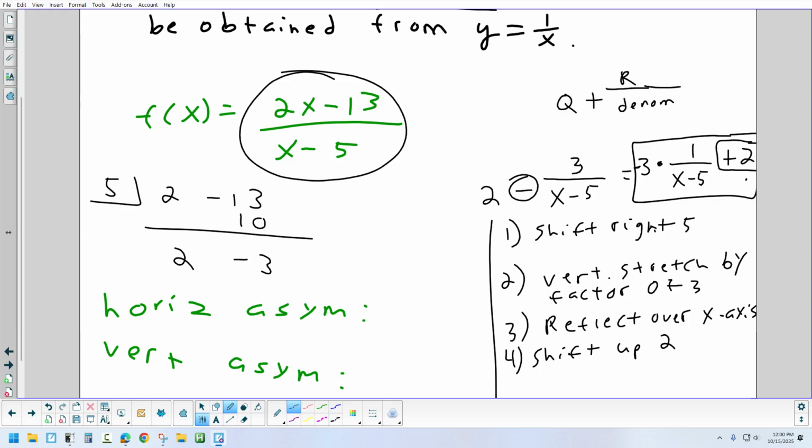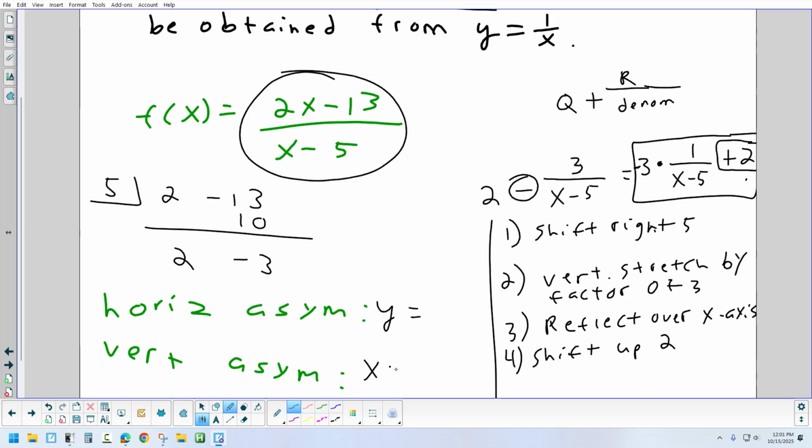And the horizontal asymptote, that always starts out with what letter? Yep, y, and the vertical?